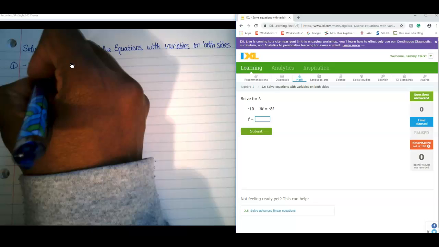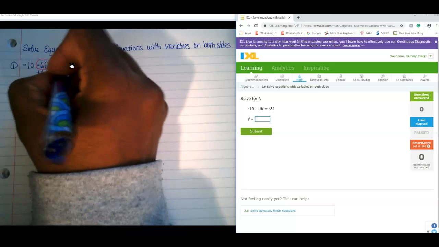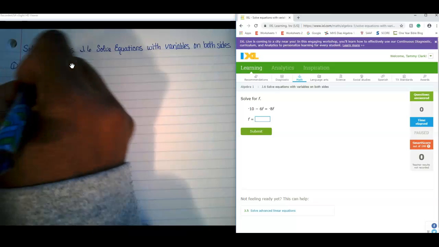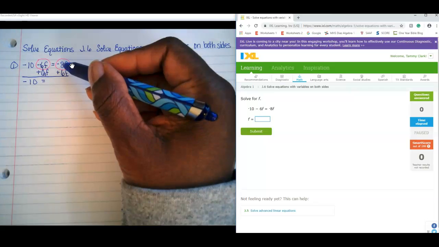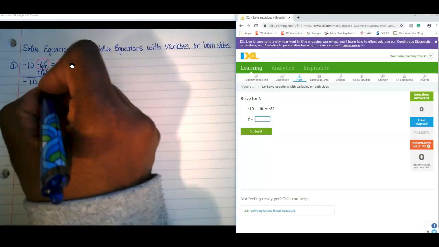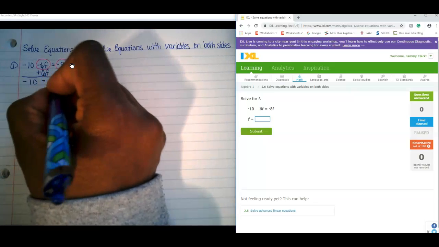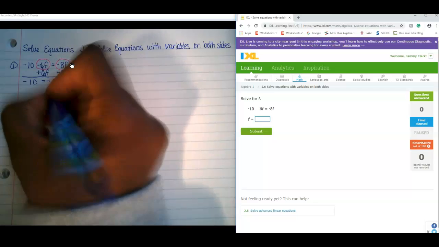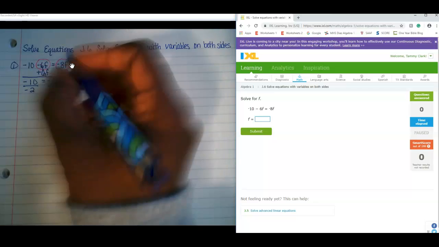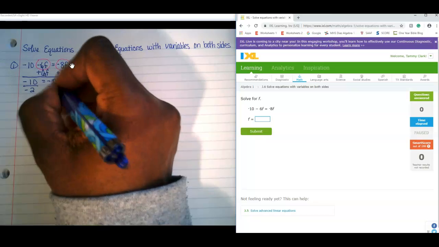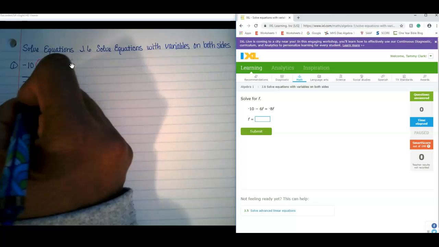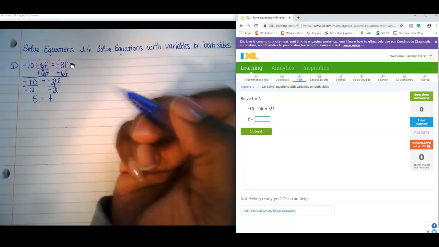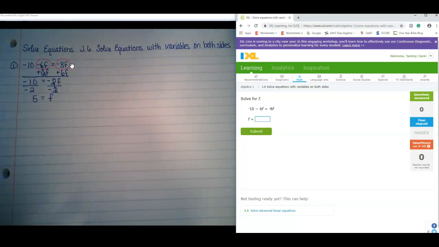I'm going to add 6f to both sides of the equation, and that leaves me with negative 10 is equal to, well, 8 has the advantage and it's negative by 2, so this would be negative 2f. Then I would divide by negative 2 on both sides of the equation. Negative 2f divided by negative 2 leaves me positive f, and negative 10 divided by negative 2 leaves me positive 5. That's one way to do it.